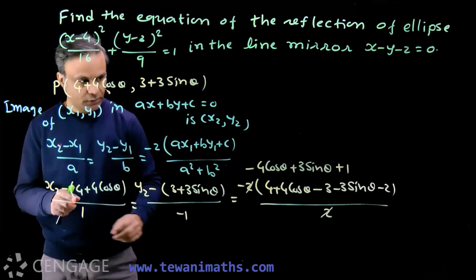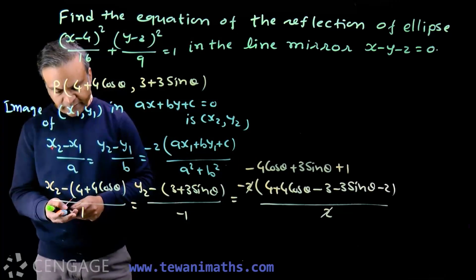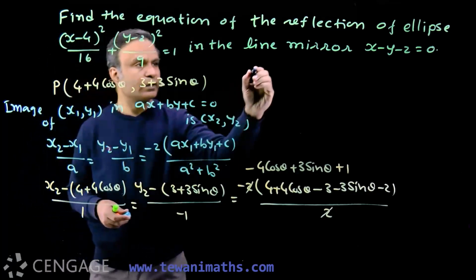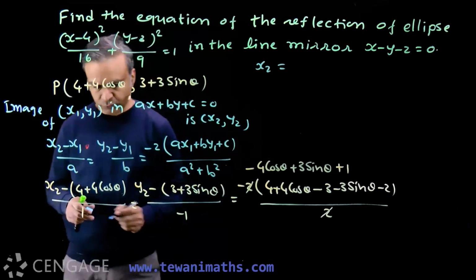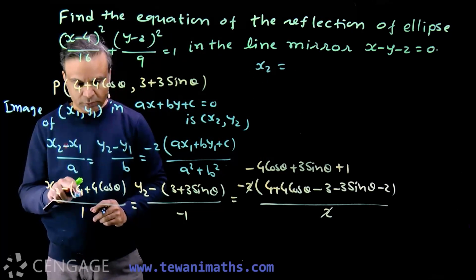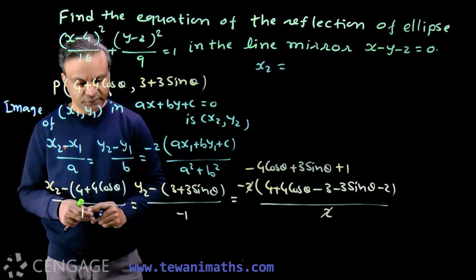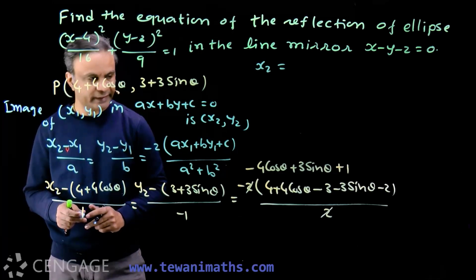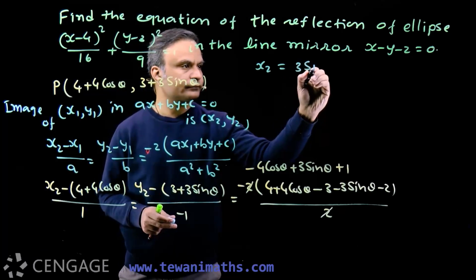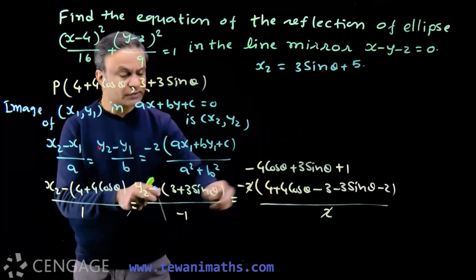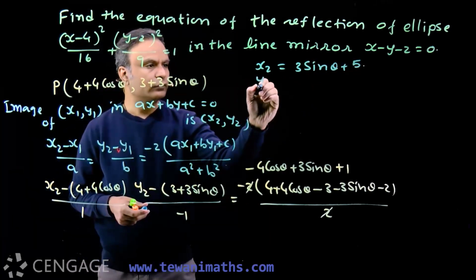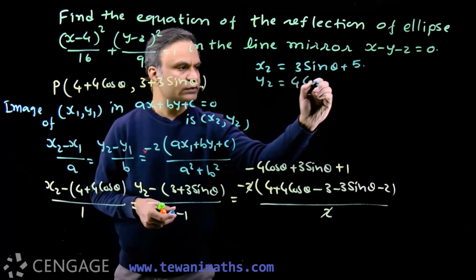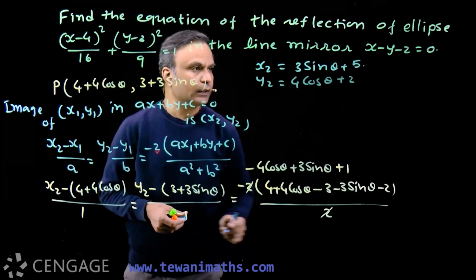Okay, now from this comparison we get a value of x2. x2 is equal to, minus 4 cos theta gets cancelled out. Okay, so we have x2 is equal to 3 sin theta plus 5. And from this comparison, we get the value of y2. y2 will be 4 cos theta plus 2.